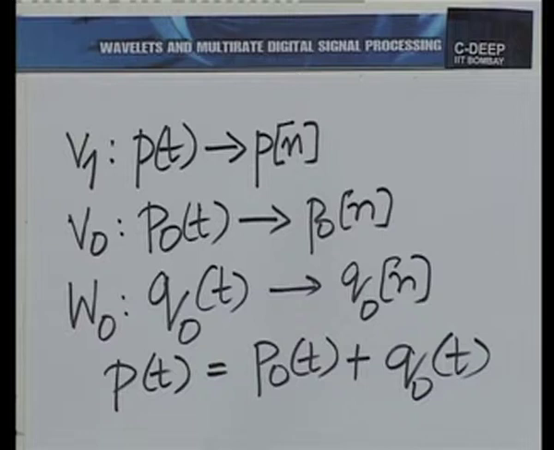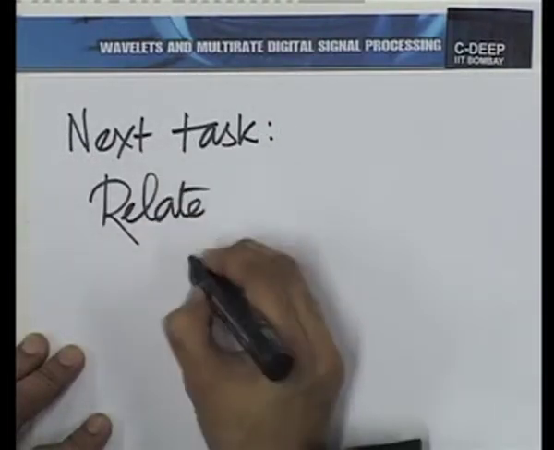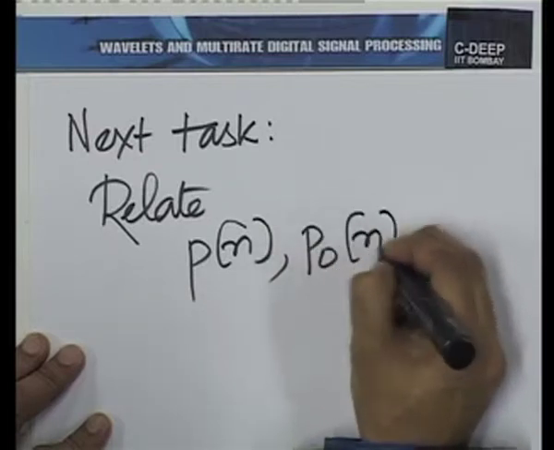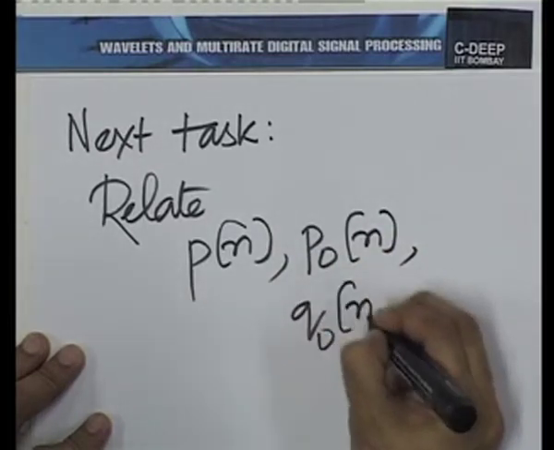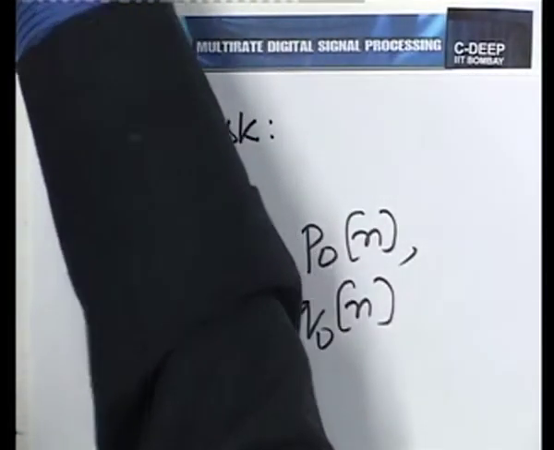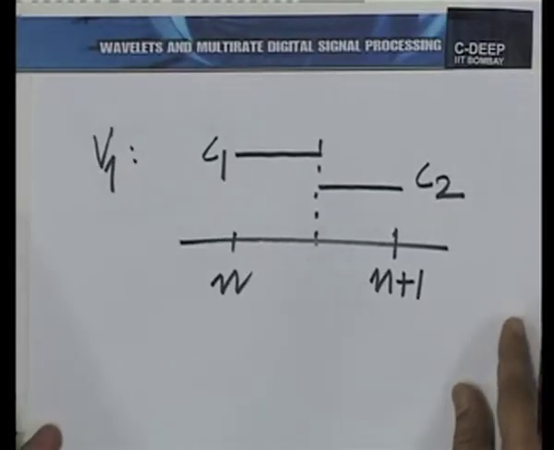So, our next job is to relate Pn, P0n and Q0n. And in fact, we already have an answer to that question. Let me just go back in one step here. So, we have the answer here.